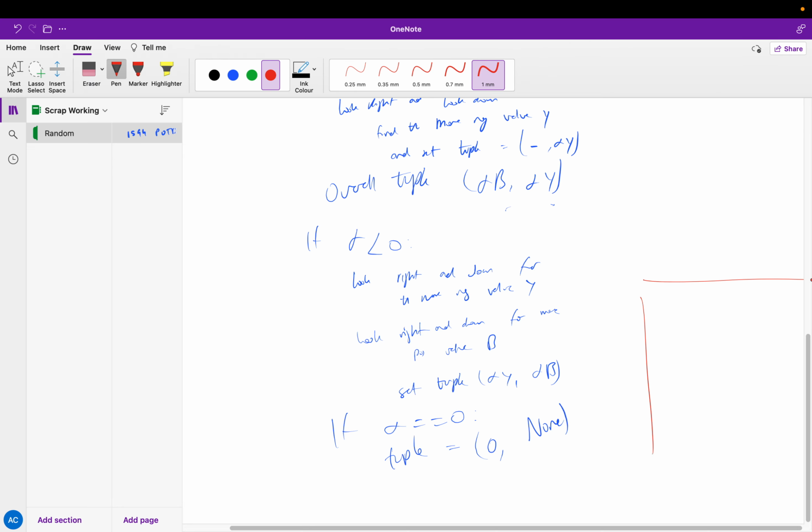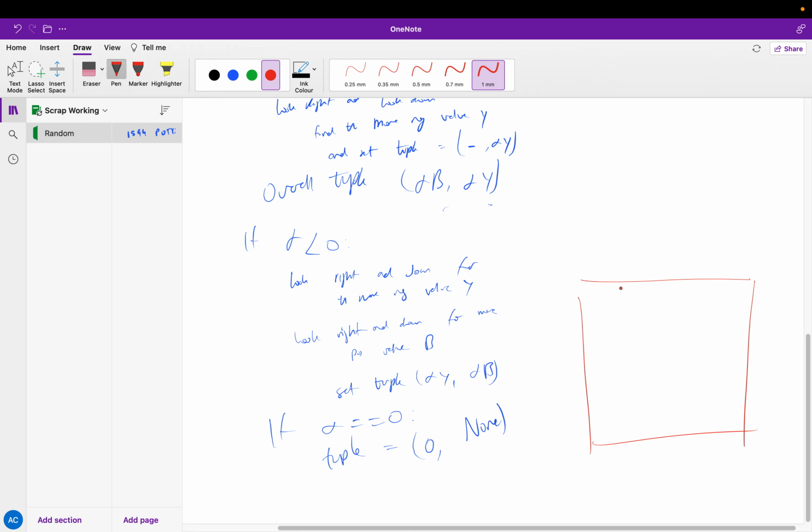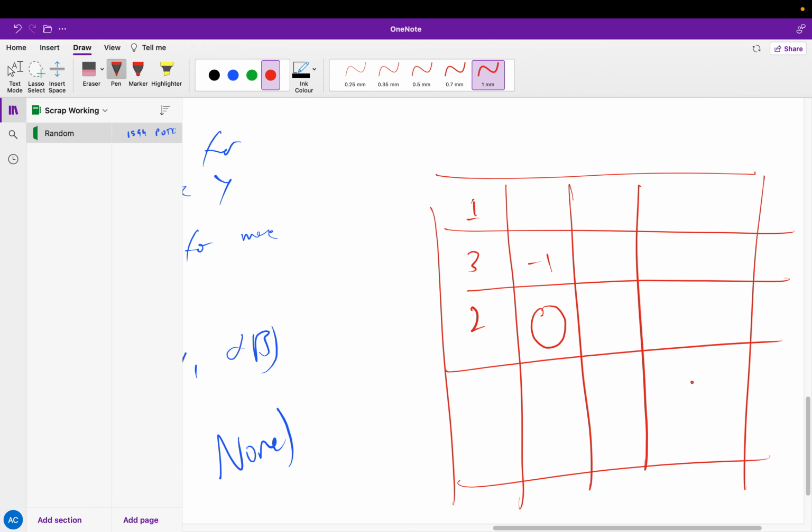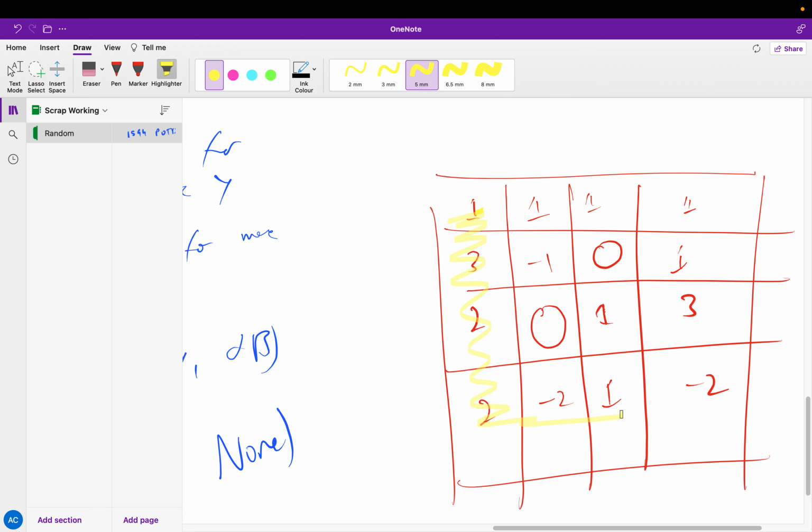If I have a 0 like this, I'll do a 4x4 just so like, let's say I have like a 0 here, then like a 1, 3, 2, -1, -2 at the end, 3, -2, maybe another 0 over here or something. 1, 2, 1, 1, 1, 1, 1, right? So I've very specifically rigged it so that this is my best path, because you got 2 negatives here and here, so that will become positive.